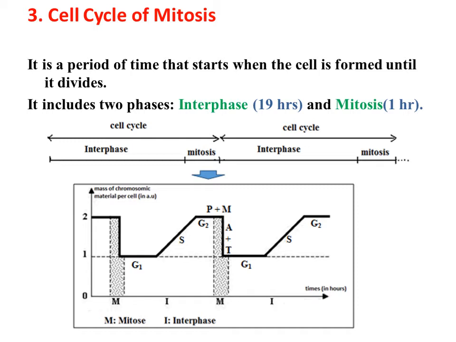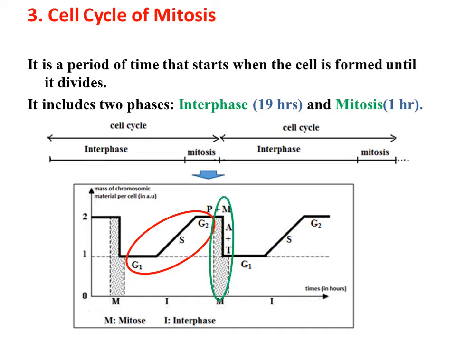Now, during interphase, the mass of chromosomal material increases from one arbitrary unit to two arbitrary units. Then we conclude that the chromosomal material duplicated during interphase, which we talked about at the beginning of the lesson.